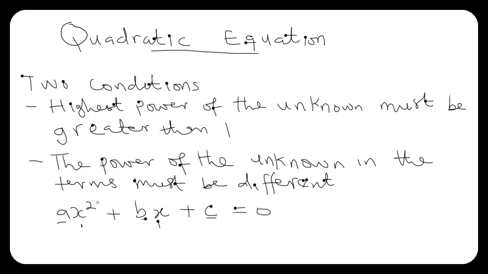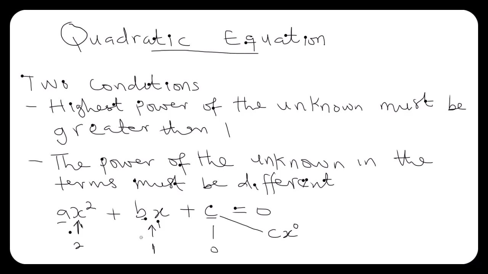The power in this term is 2. The power in this term is 1. And the power in this term is 0, because this c can also be written as c times x raised to power 0.